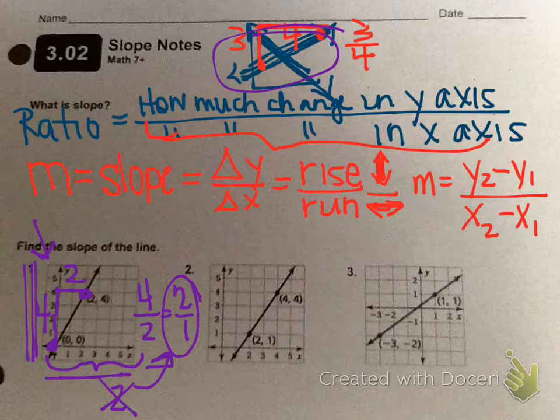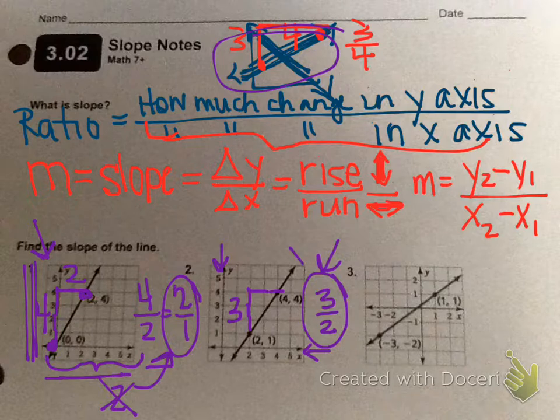On the next one, again, we look at our scales. They're both counting by 1, so we can count the blocks again. 1, 2, 3 this time over 2. So this slope is 3 over 2. Now, we're talking about a ratio here, so we want to leave these as improper fractions.